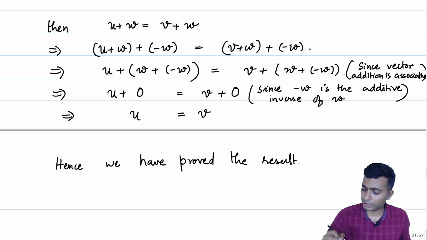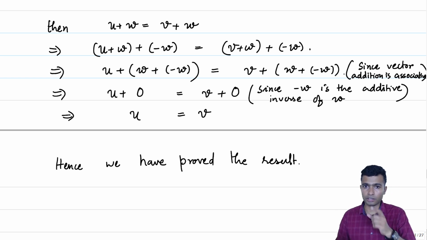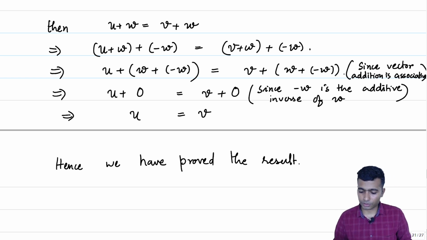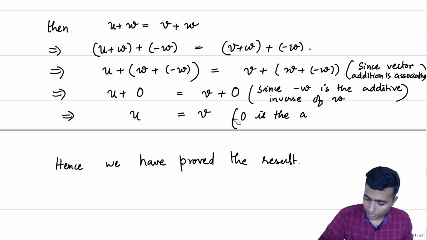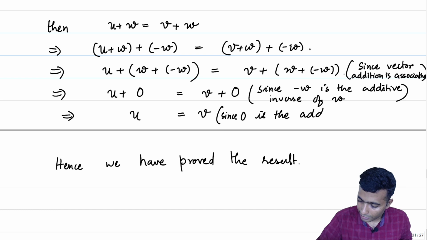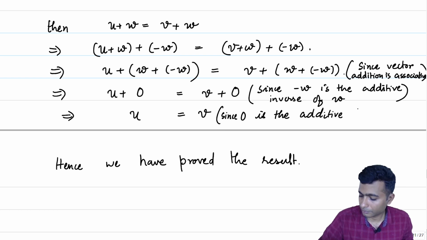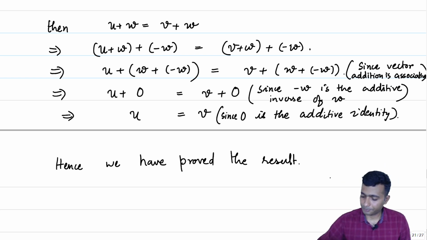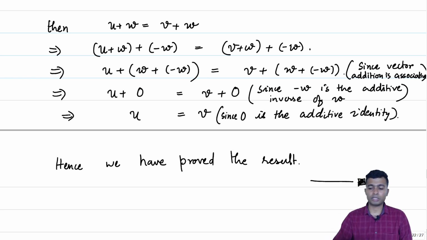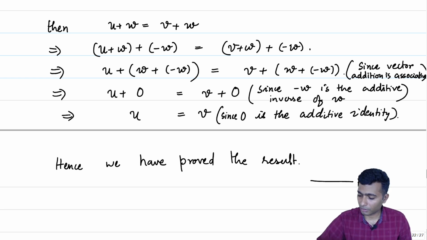So, you should go back and check which property of the definition of the vector space we have used, and this is because 0 is the additive identity. Okay. This symbol will generally denote that we have completed the proof.